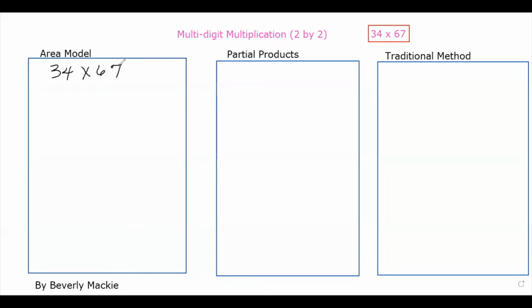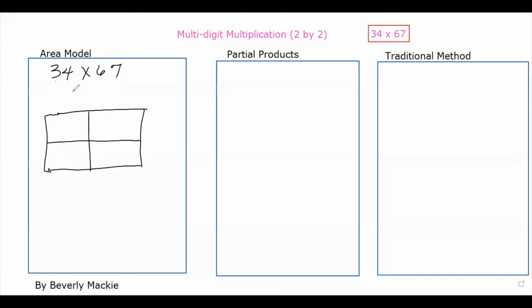The area model, we're going to use a rectangle. And because it has 2 digits, we're going to make sure that we have 2 columns. The second factor has 2 digits, and so we'll make sure we have 2 rows going across.